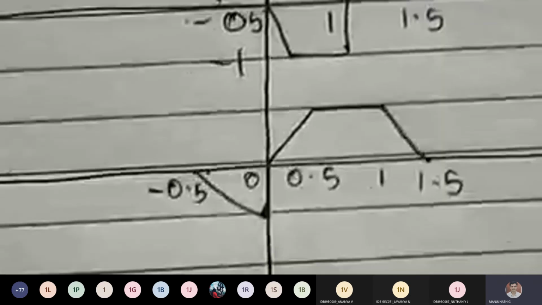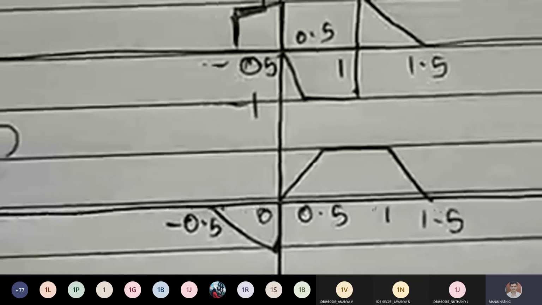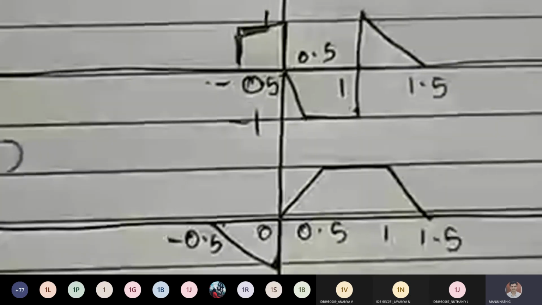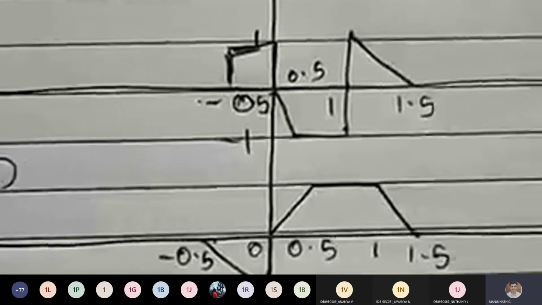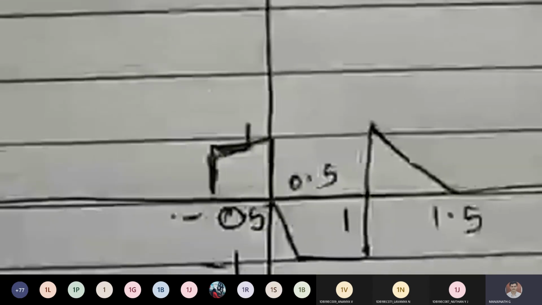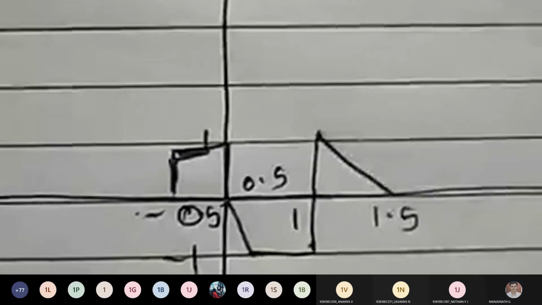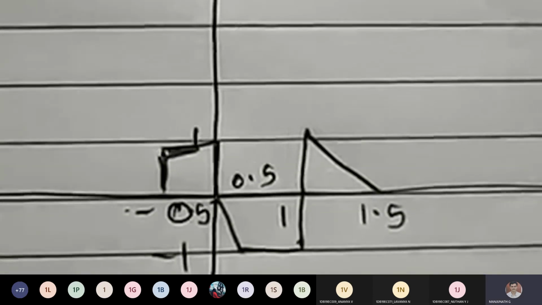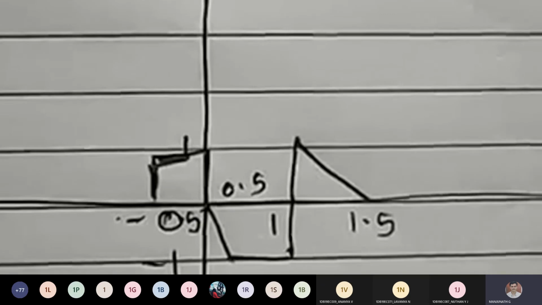X of 2t is plotted. So there I'm tracing for 0 to 0.5 first, then we'll go to 1. So 0 to 0.5, there is an increasing ramp with 0.5 amplitude, correct? Then for the y signal from 0 to 0.5, there is a constant signal.